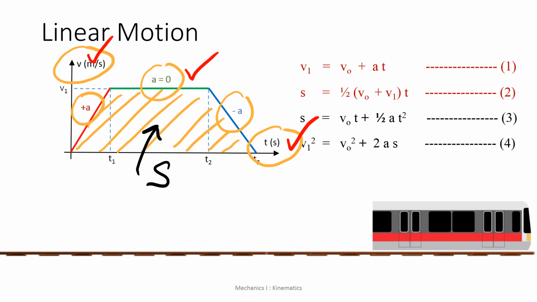For example, in this kinematics VT graph of a moving train, these 4 formulas are applied at the stages as illustrated. This is stage 1 of the motion where the train is accelerating. When a is 0, stage 2, and stage 3. Please keep in mind the formulas are to be applied at the various respective stages of motion.